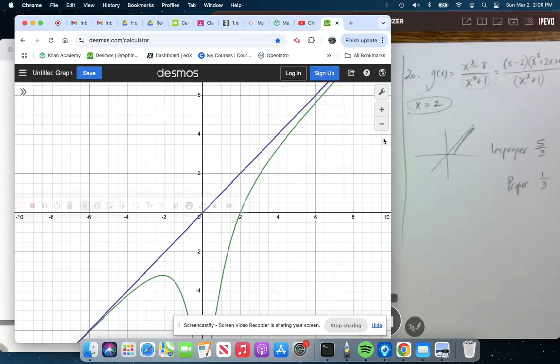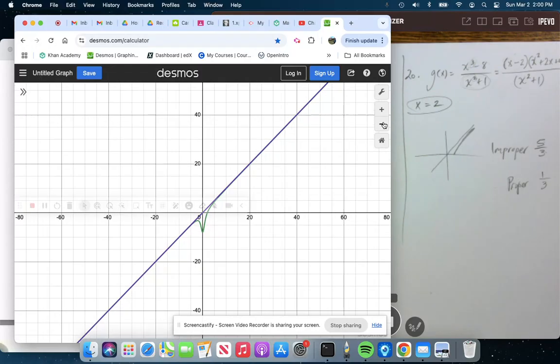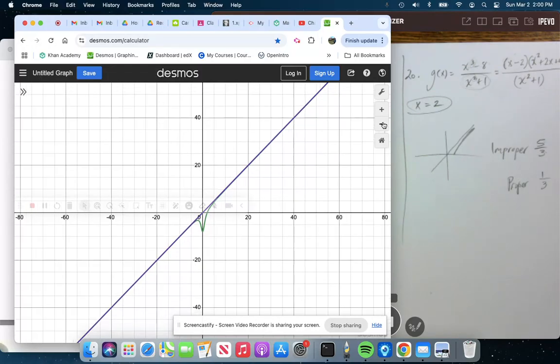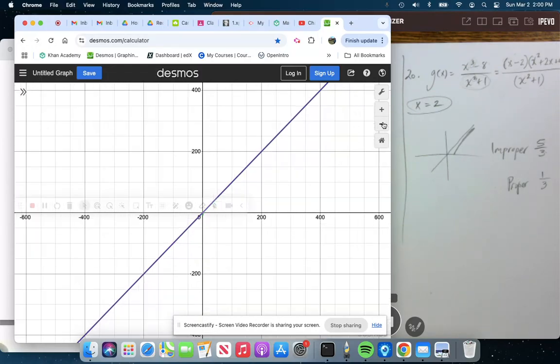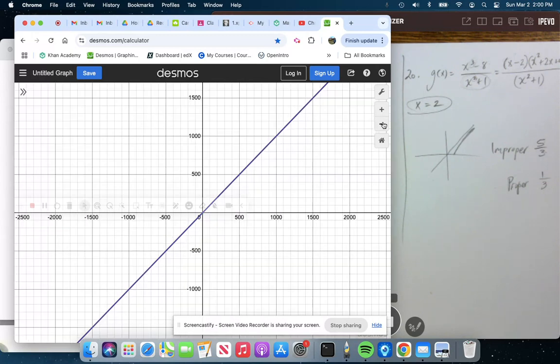If I zoom out far enough, it's just going to look like that line. Now you can't even tell the difference. Once x gets large, you really just have y equals x in the long run, when x is very, very large.